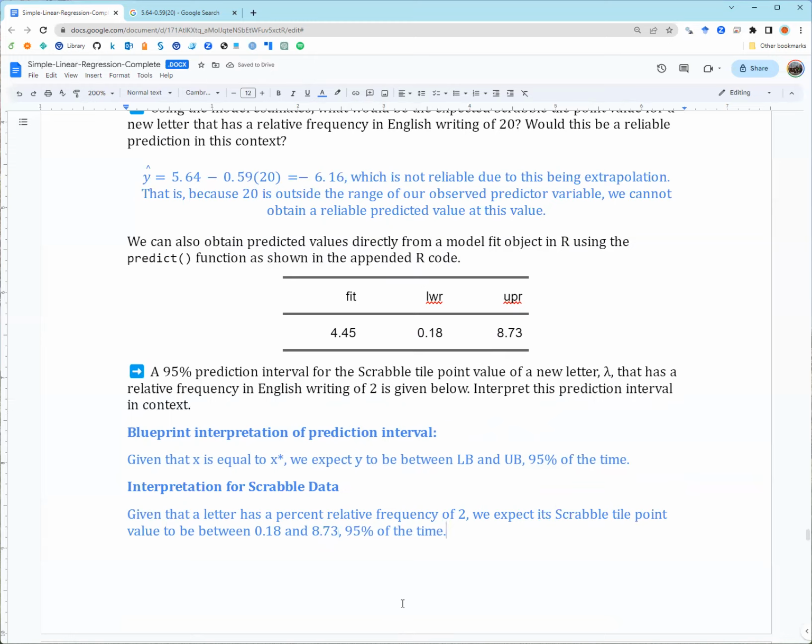Or in other words, we would expect 95% of letters with a percent relative frequency of 2 to have a Scrabble tile point value between 0.18 and 8.73.